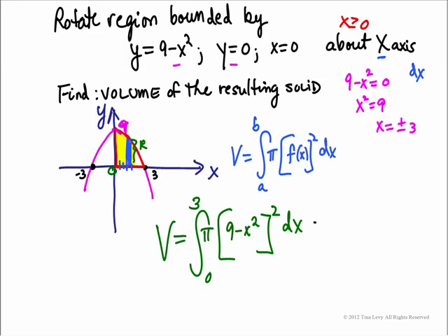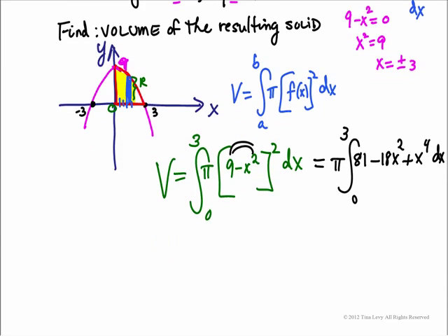Working that, I'm going to pull the constant pi in front. And I'm FOILing 9 minus x squared. It's 81 minus 2 of those, 18x squared, plus the square of x squared, x to the 4th, dx. And now we're ready to do antiderivatives.